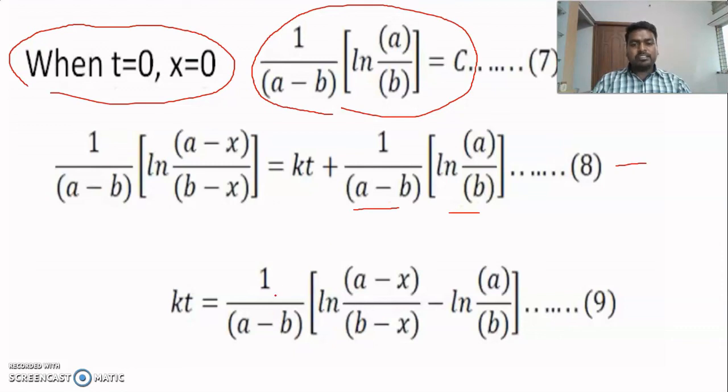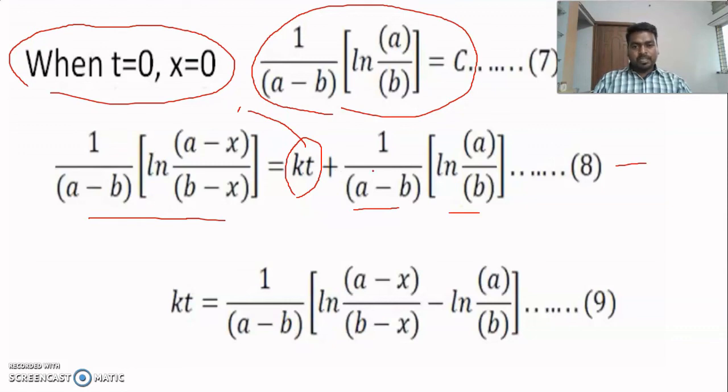Then again simplify this equation, that is, take kt to the LHS and send the other term to the RHS. After simplifying, you are going to get kt is equal to 1 divided by a minus b.